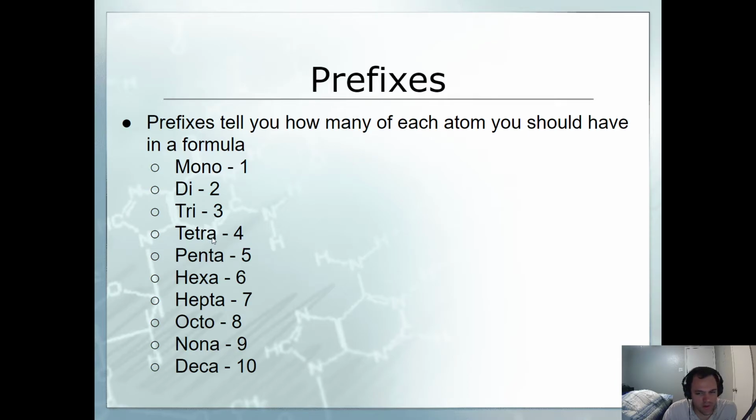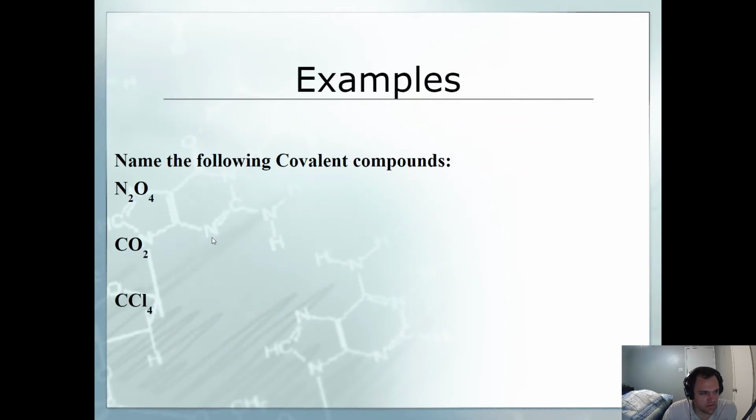So instead of tetraoxide, it just becomes tetroxide like we have here. It's not wrong if you write out tetraoxide, but this is kind of just a convention. I don't know why it is that way, but that's the way it is.